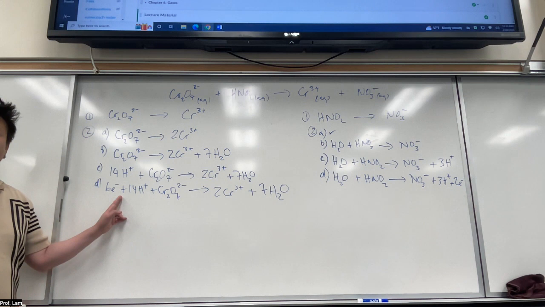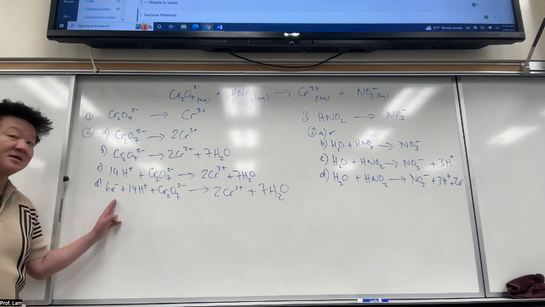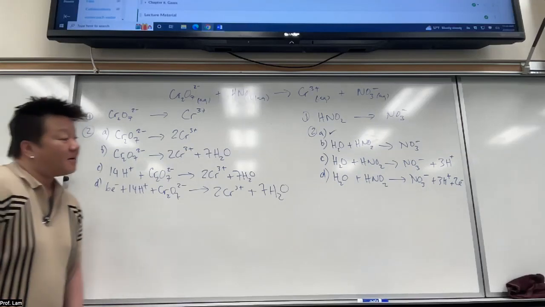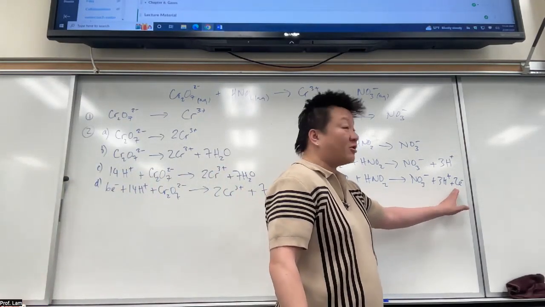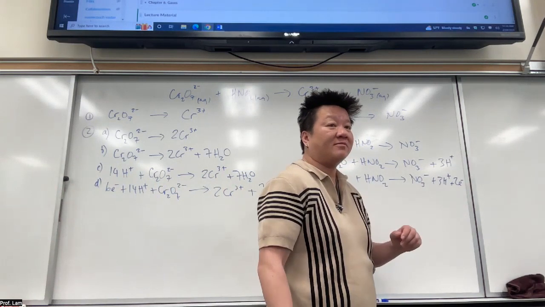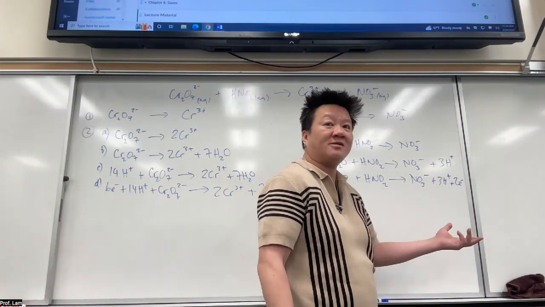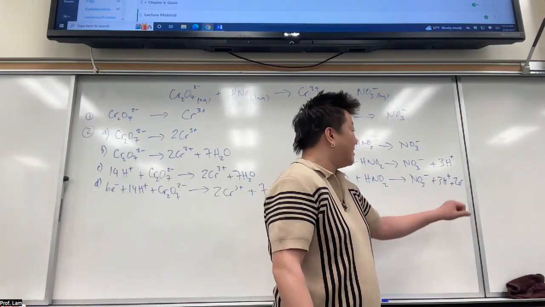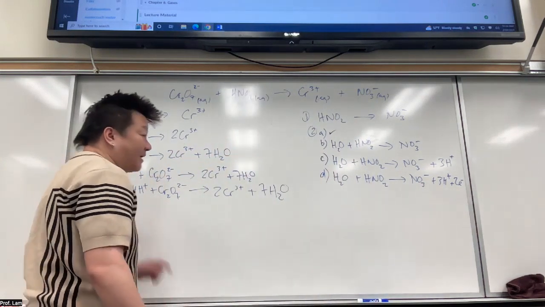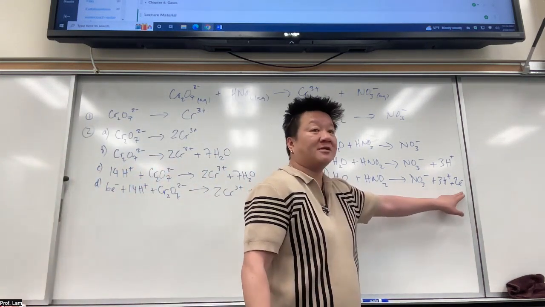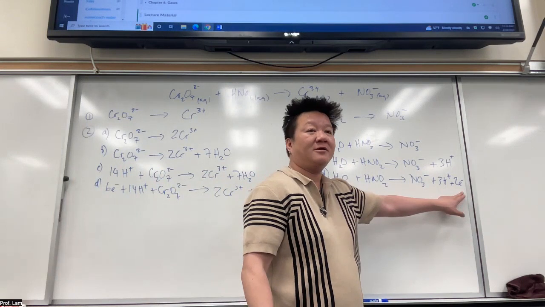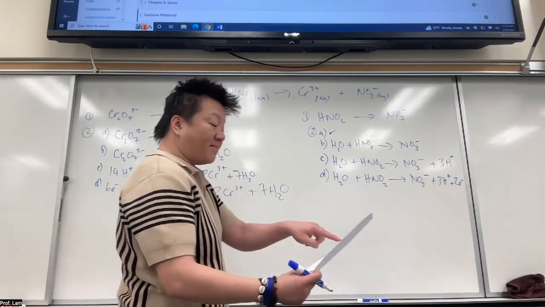Okay, that means this is gaining of 6 electrons, right? But over here, we have electrons coming on the right side of the equation. That means electrons lost. Does that make sense? So we have 6 electrons gained and 2 electrons lost. Are they matching right now? No.